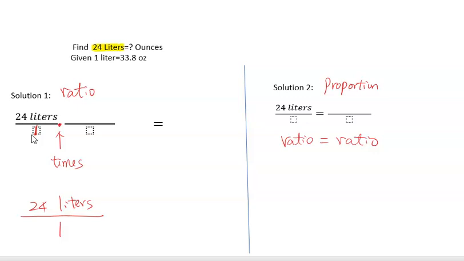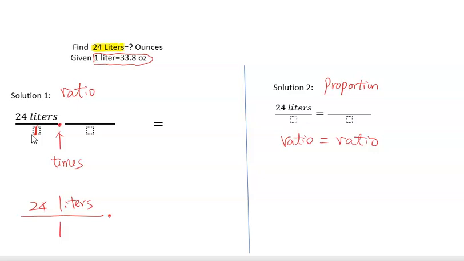This is our first ratio. Then times, we're going to multiply by another ratio. The second ratio will come from the given relationship. What's the relationship between liters and ounces? We found this in the chart.